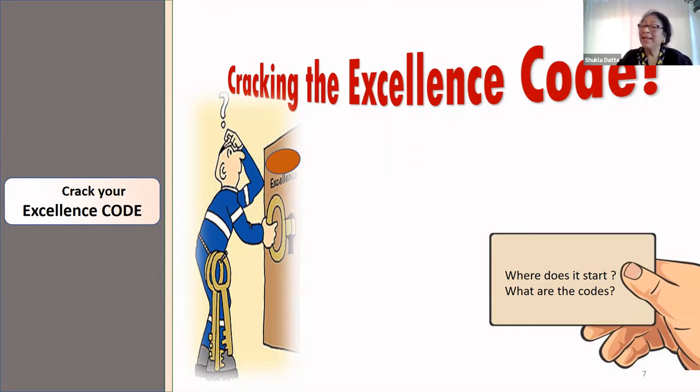And when we sell our dreams, we fail to take action. This is a terrible waste of human talent, and I'm sure you all will agree. The truth is, we all need to crack the codes of our golden excellence. So are you ready to crack your excellence code? Yes? So let's start with the next slide.